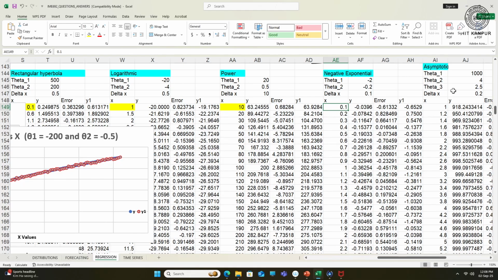So, it increases 0.1 to 0.2, 0.2 to 0.3, 0.3 to 0.4, again on 124 data points. Similarly, column AF is the y value, which is the best fit line. Errors I simulate between, if you check the AG column, -1 to +1, and y1 is basically the actual data, which considers the best fit line with errors being added or subtracted depending on whether the error terms are negative or positive.